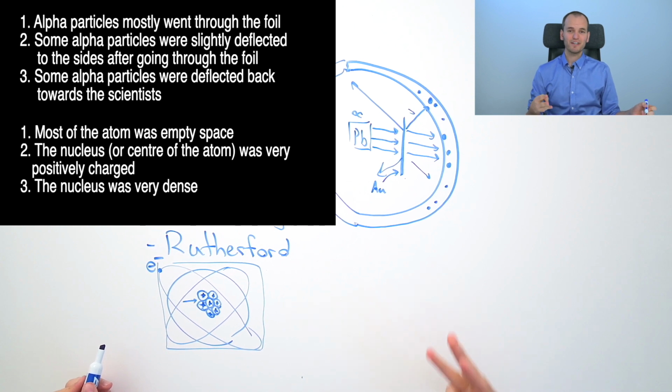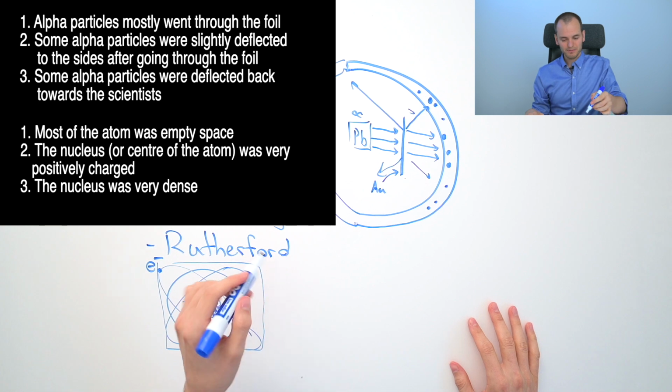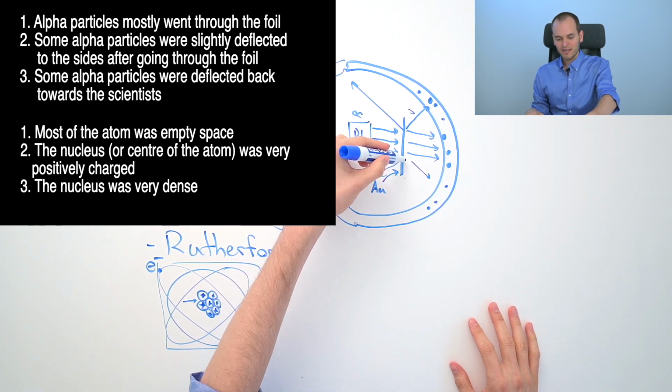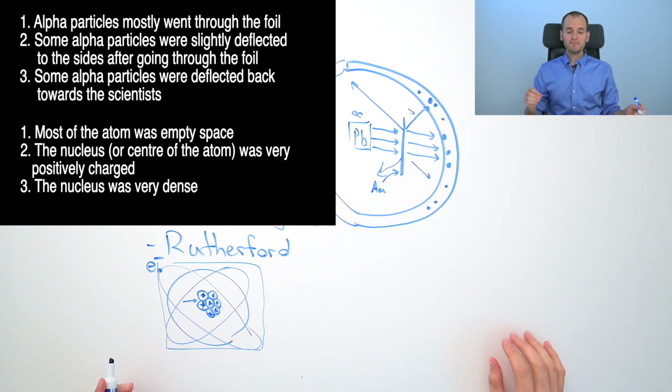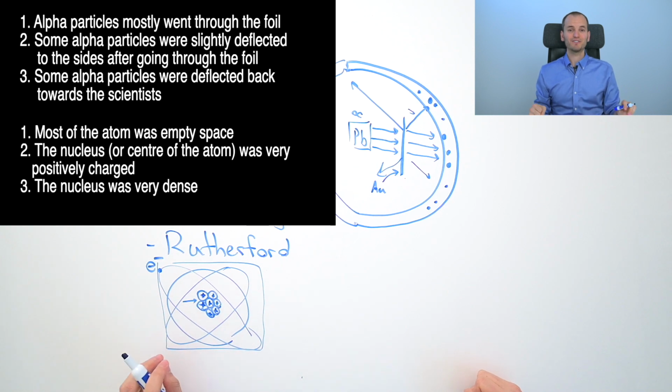The third and final thing we found from this experiment, or the gold foil experiment as it's typically known, is that when the alpha particles bounced back away from the gold, not only was the center very positive, it was also very, very dense.